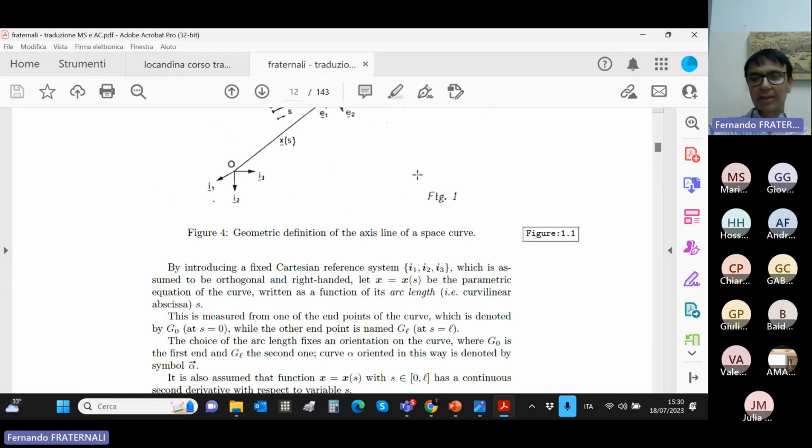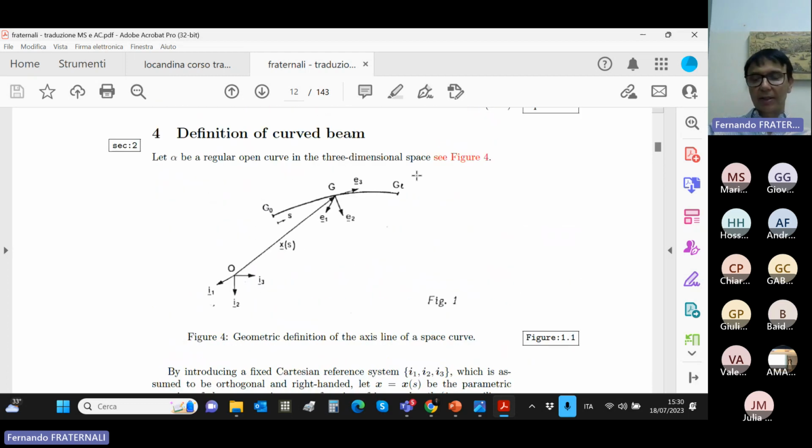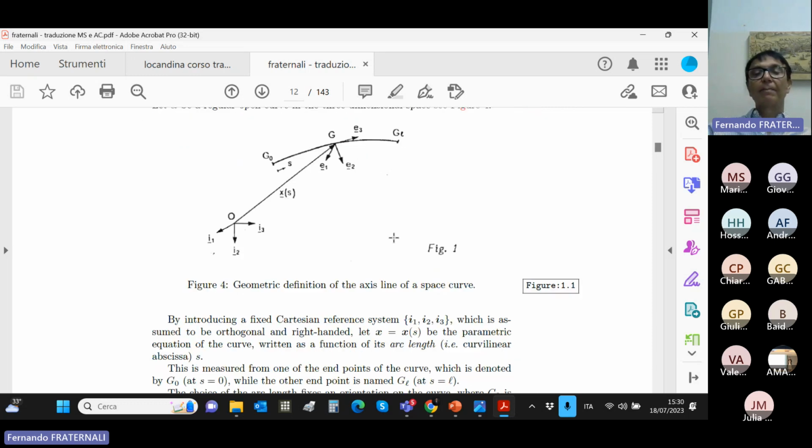So the curved beam is the 3D solid that is generated by the motion of a planar domain that defines the cross section of the beam, while its center of mass, or centroid, moves along this axis line alpha.